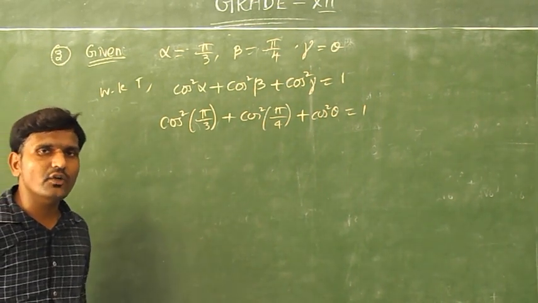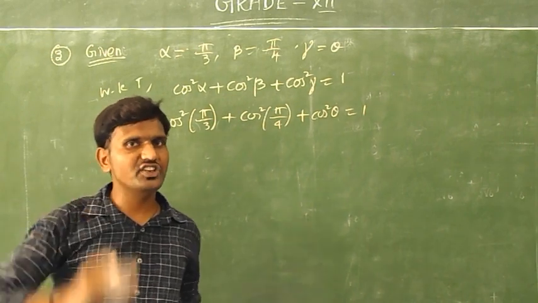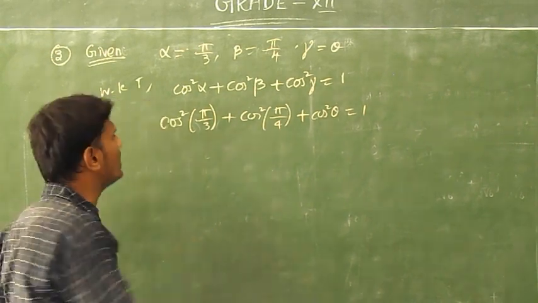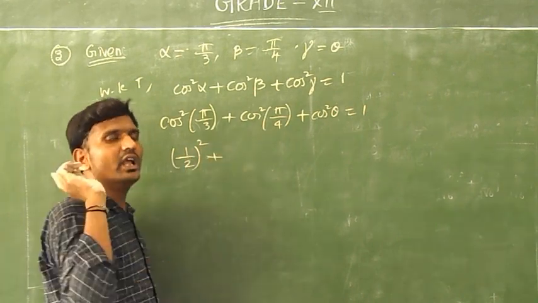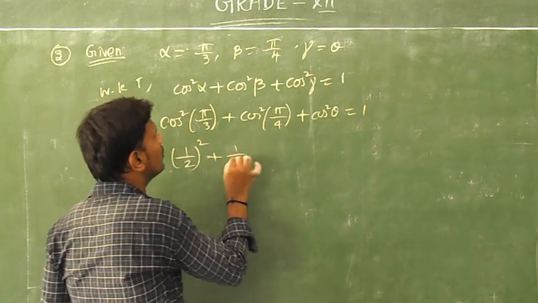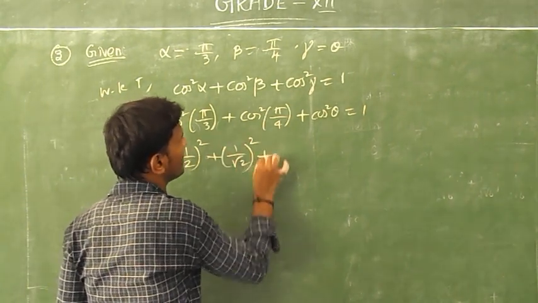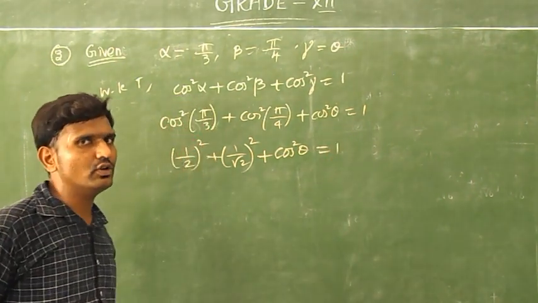Now do you know the value of cos pi by 3? Cos pi by 3 is cos 60 degrees, which is 1 by 2. That is 1 by 2 the whole square, plus cos pi by 4, cos 45 is 1 by root 2, so 1 by 2 the whole square, plus cos square theta is equal to 1.